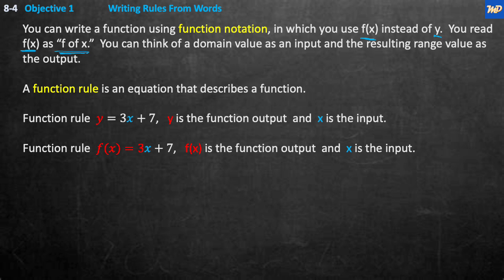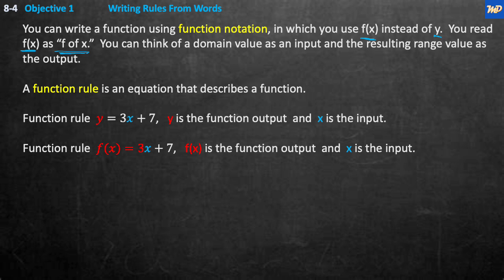You can think of a domain value as the input to the resulting range value. So if you take the range value, f of x, and take the domain, which is the x, you can place it in the symbol f of x, meaning that you're taking the function of the domain of x.